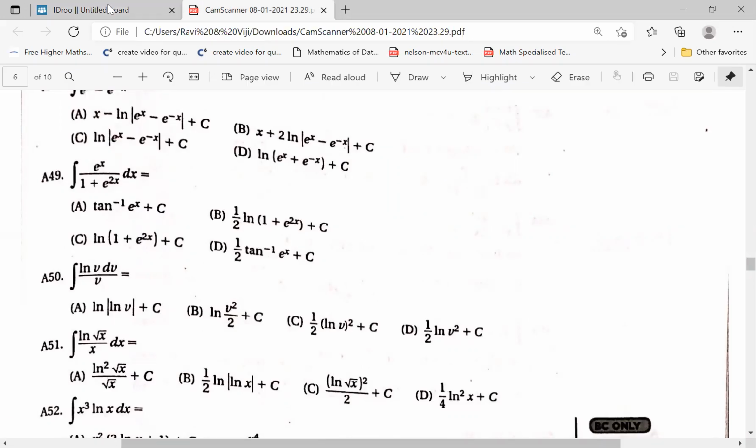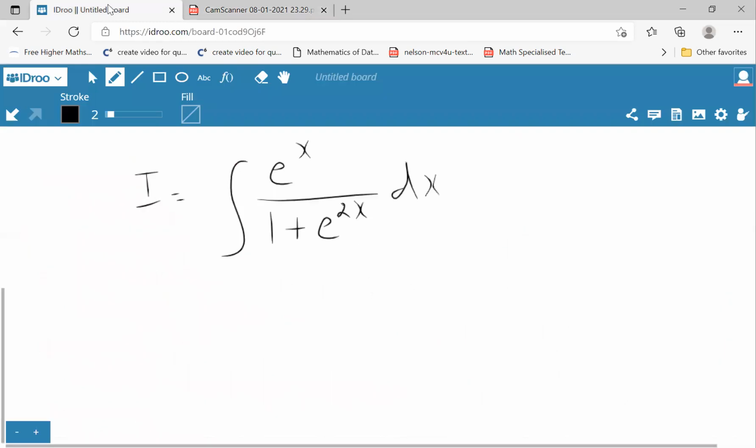So what I'll do is, I'll take e to the power of x as t. On differentiating on both sides, I'll get e to the power of x dx is equal to dt.